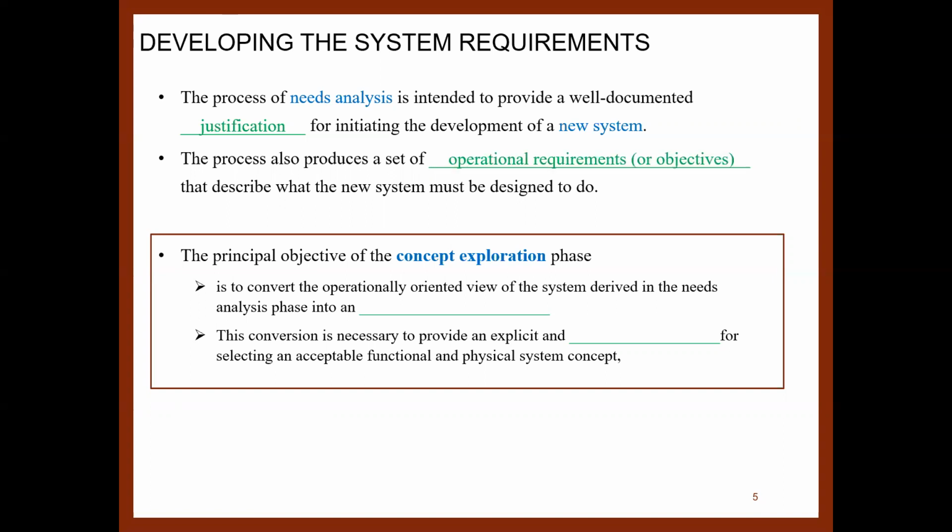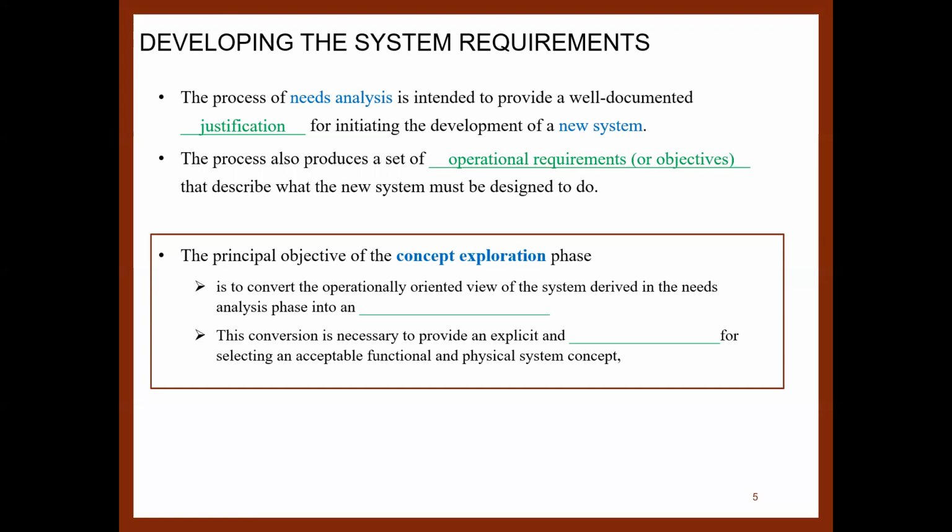The process also produces a set of operational requirements or objectives that describe what the new system must be designed to do. Okay, so we have these objectives. Basically, these are the things that the system, or what we are proposing with this analysis, is supposed to achieve. These are the operational requirements.